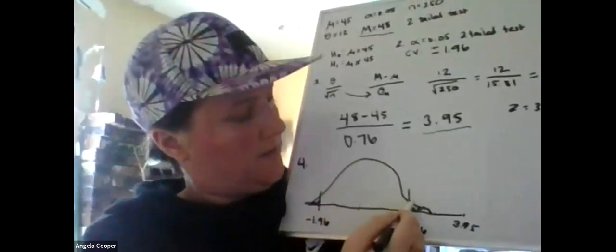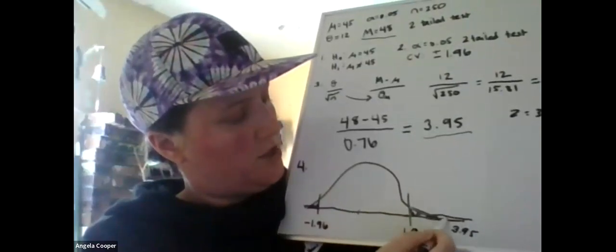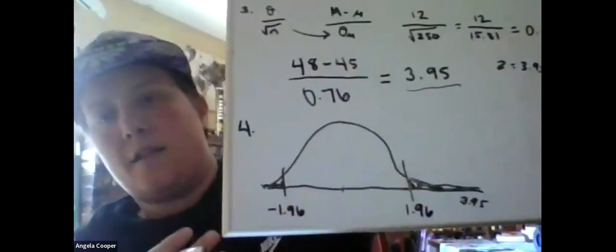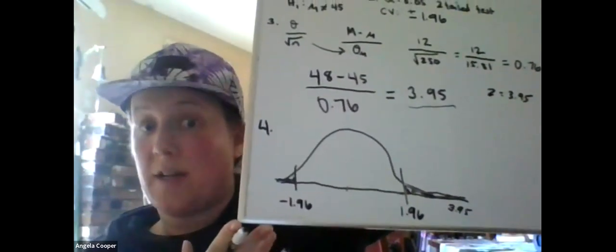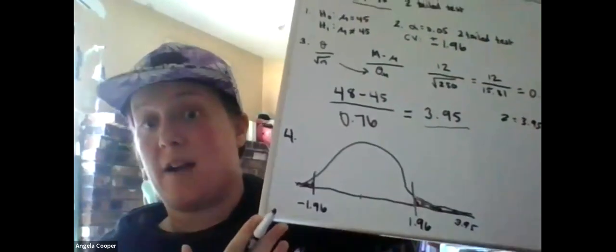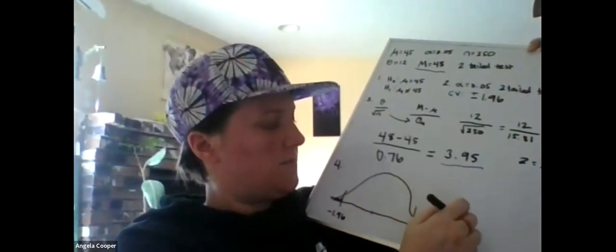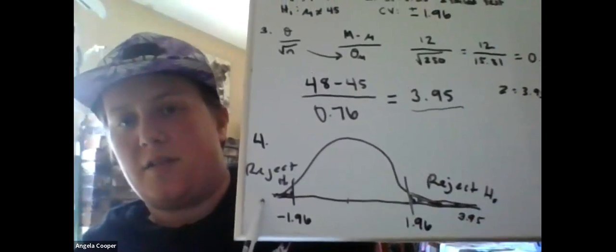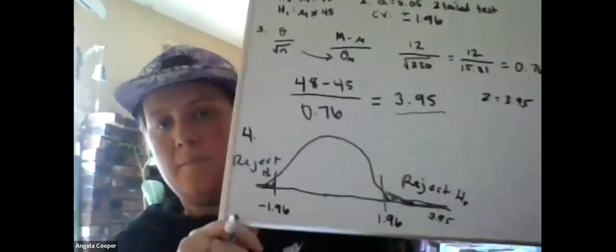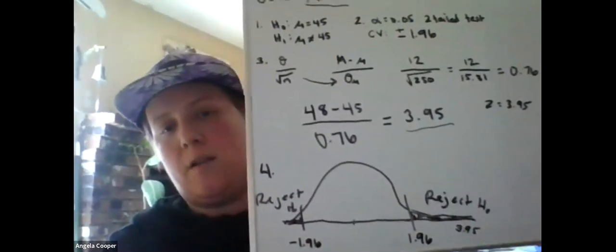You can't really see, but this region is shaded. If our Z-score, our test statistic, falls in that shaded region, like our 3.95 does, we are going to reject the null. Same thing if it were negative. If we had a negative 3.95, that would also fall in this shaded region on the far end, and we would reject the null there as well.